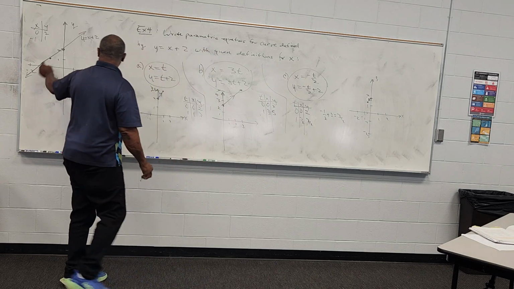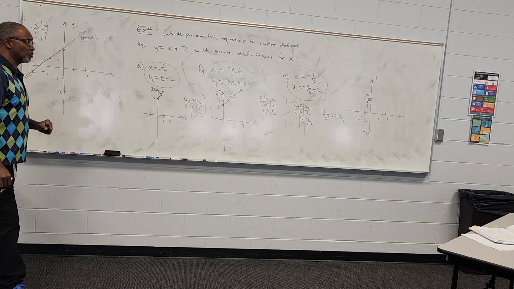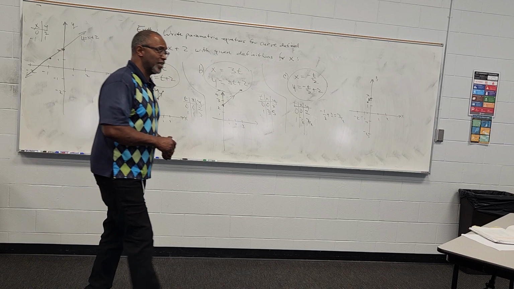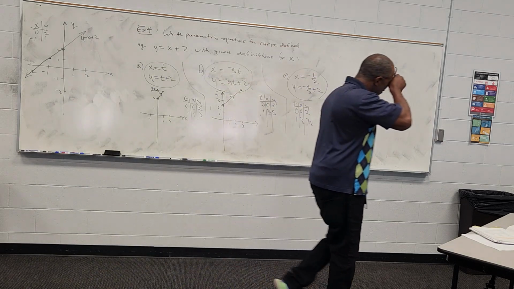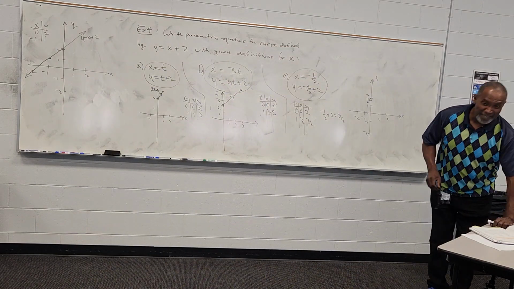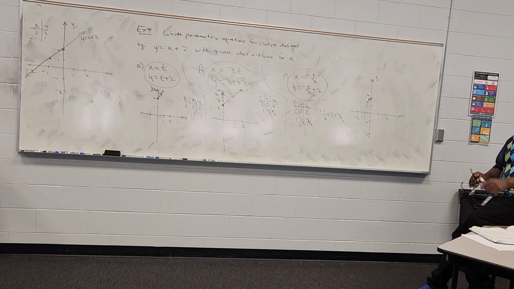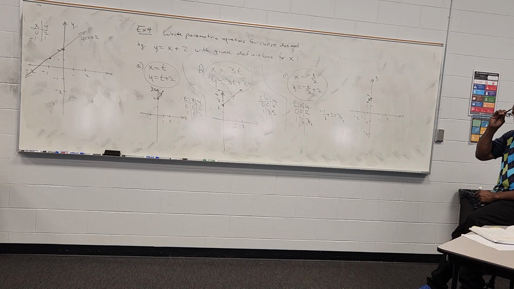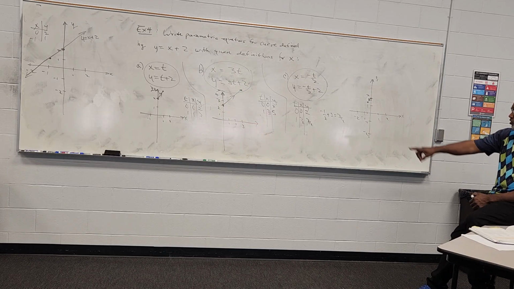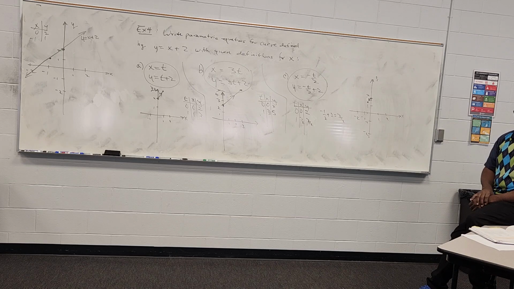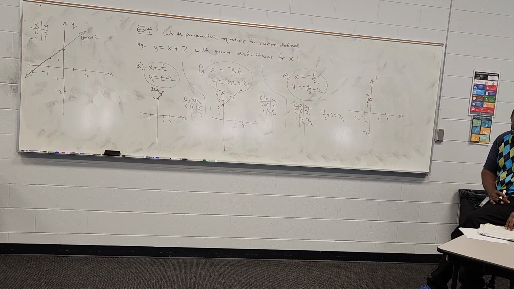They're all traveling along this line y equals x plus 2, but when you parameterize things differently, you can change both the speed at which you go along that plane curve, and the direction in which you go along that plane curve. So different parameterizations will travel along these curves in different manners.